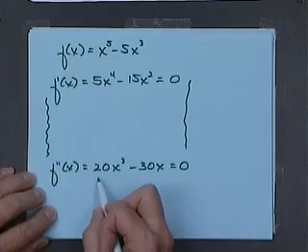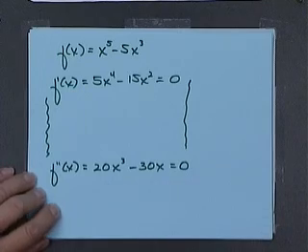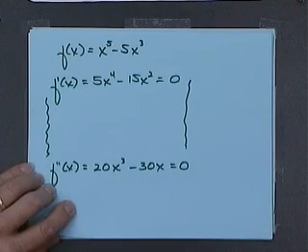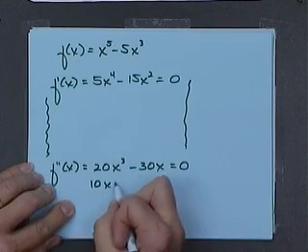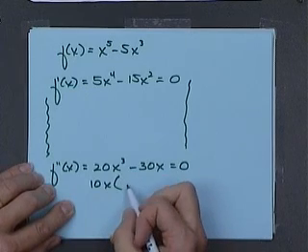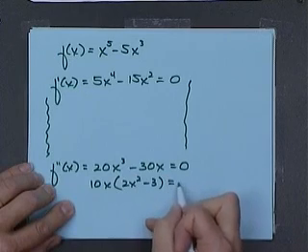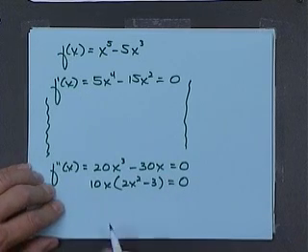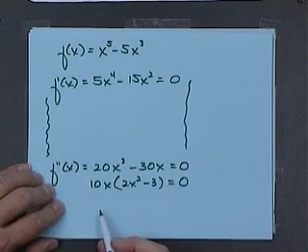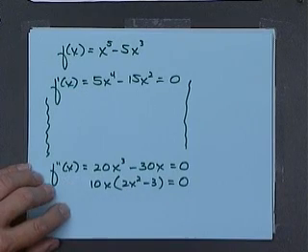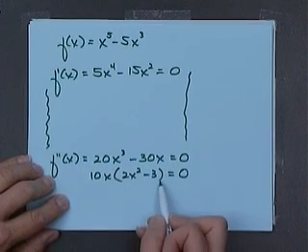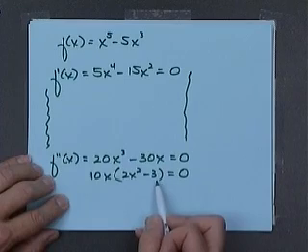So any recommendations on making this a little bit easier to solve? 10x. That leaves us with 2x squared minus 3. So we've got one easy and obvious value that causes the second derivative to be 0, and then we can get two values out of this.